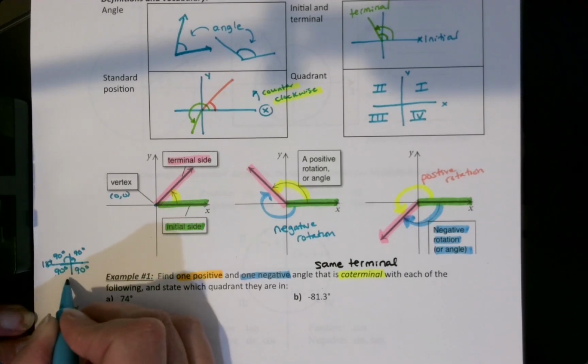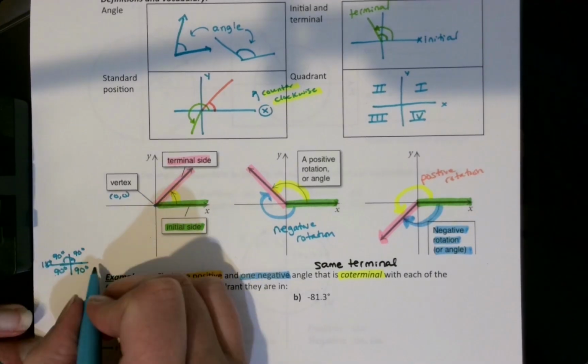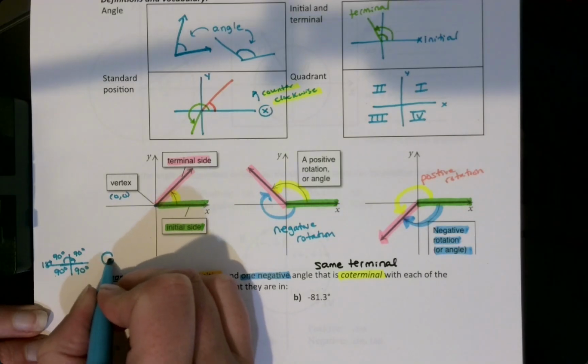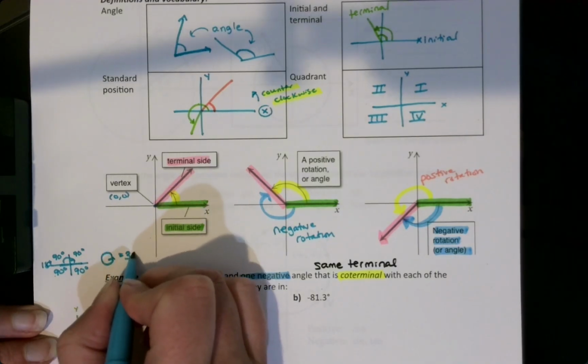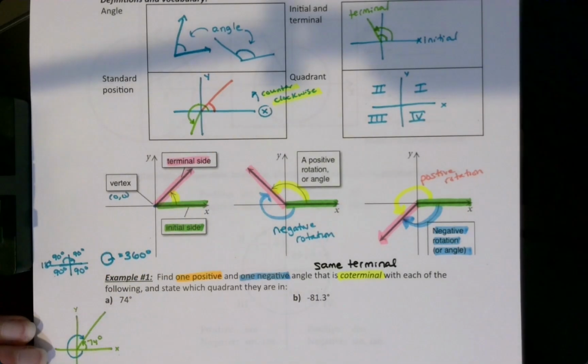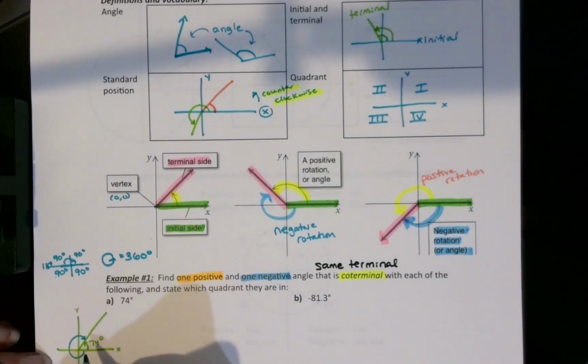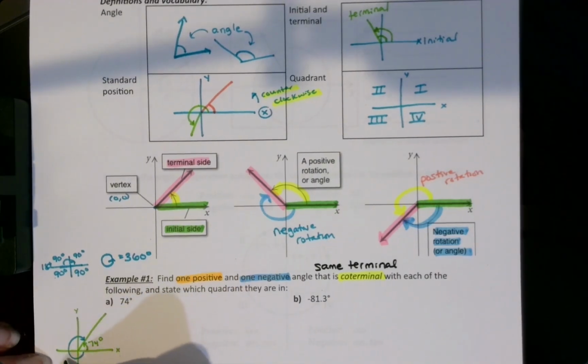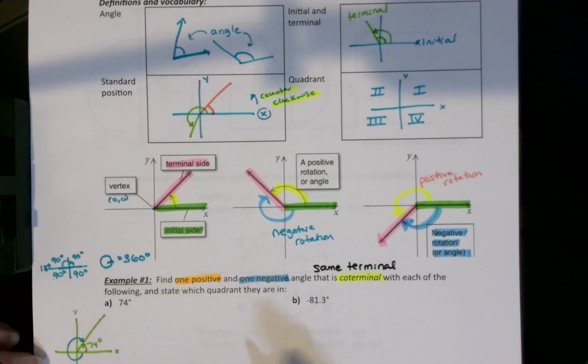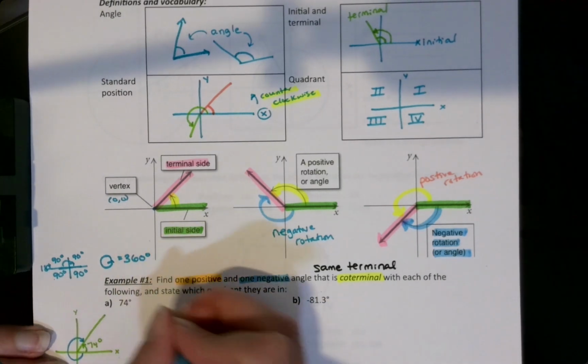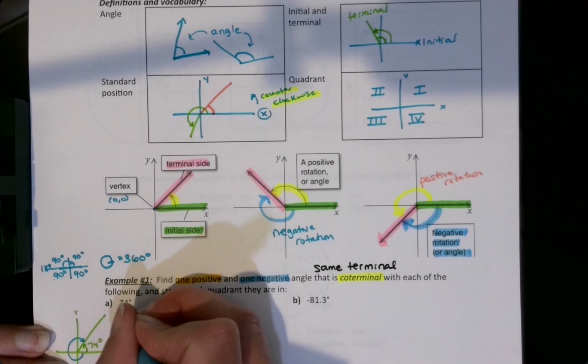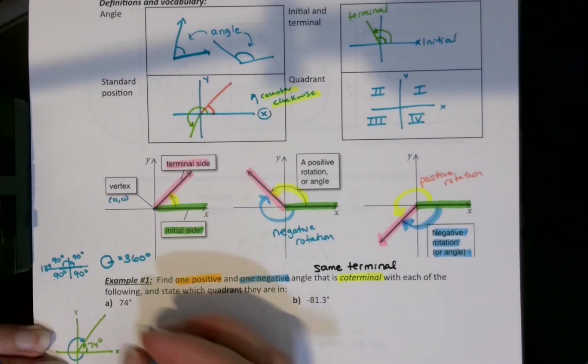Plus 90, that's 270, plus 90 is 360. So a full circle angle is going to be 360 degrees. Okay, so if I'm going to go backwards, I'm going to be just shy of a full rotation by 74 degrees.